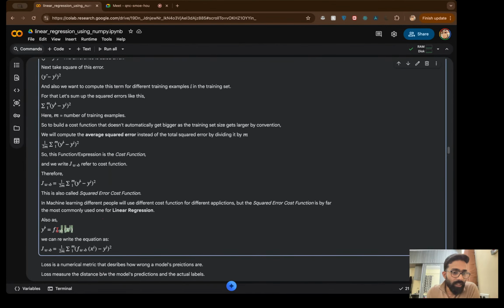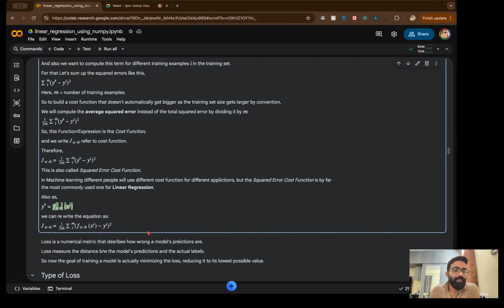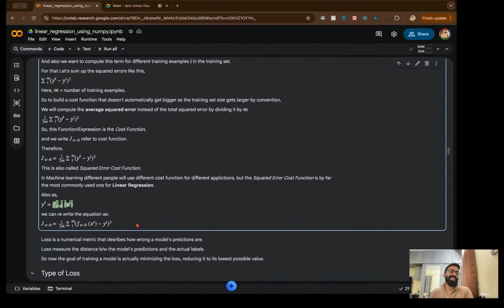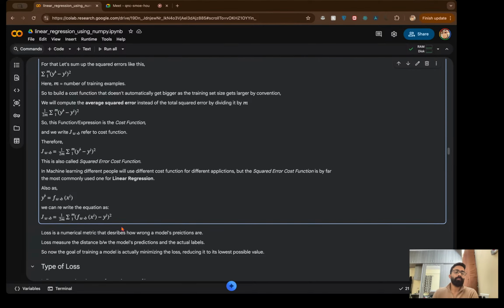Through this function f(w,b), we are predicting the value from x i. So we can write this equation J(w,b) as 1 by 2m sigma i = 1 to m of (f(w,b) of x i minus y i) whole square.